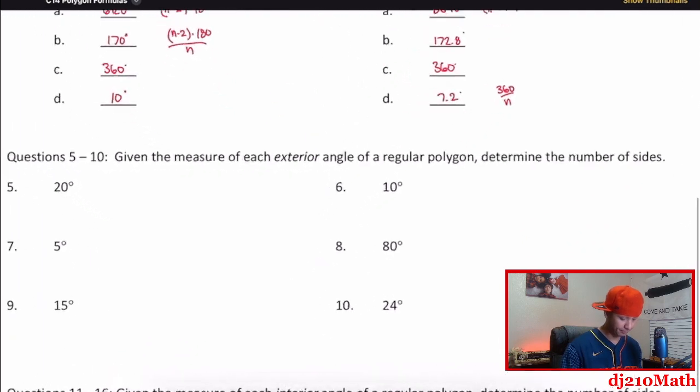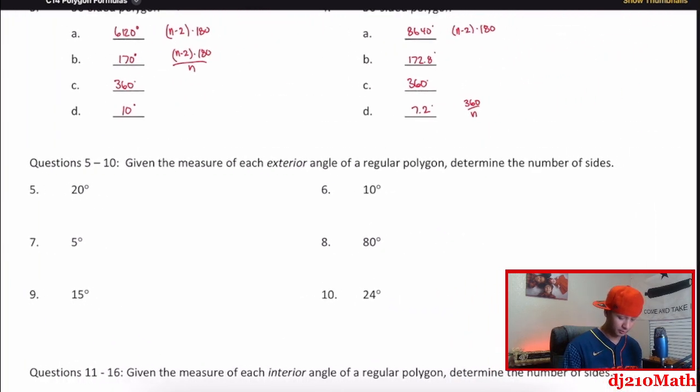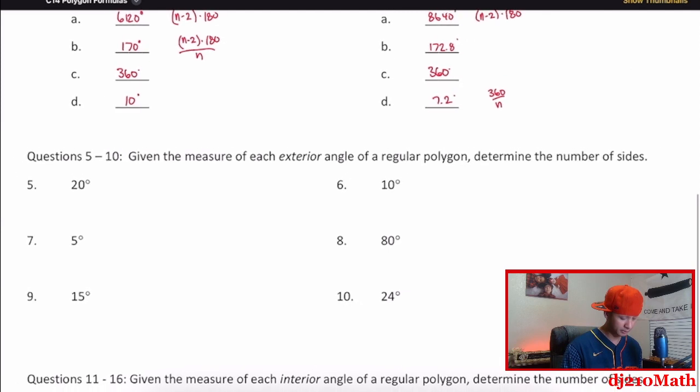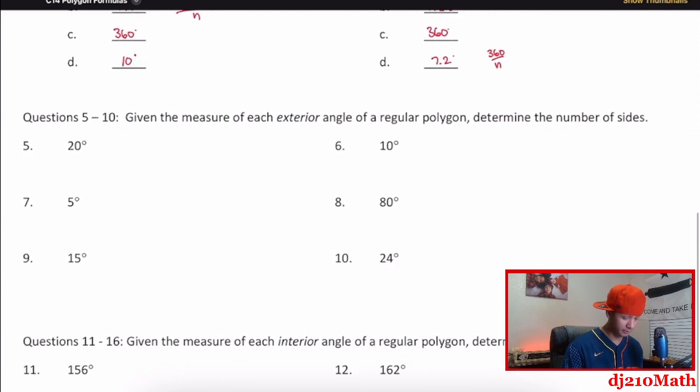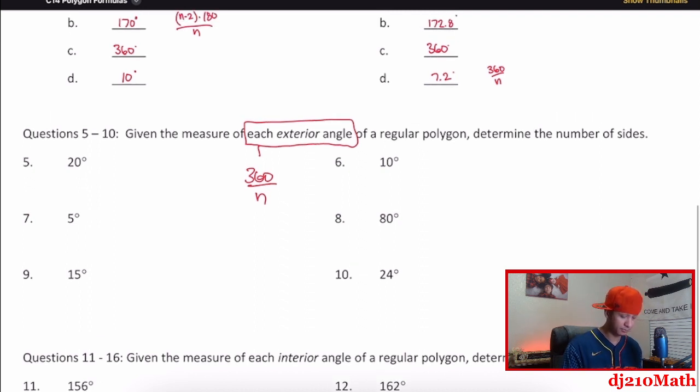Okay. Let's read the instructions. Given the measure of each exterior angle, each exterior angle is 360 divided by n. We need to determine the number of sides, so we're looking for n.